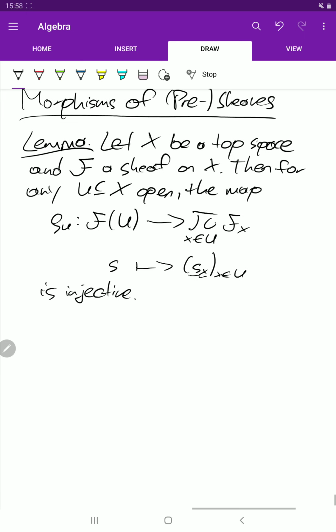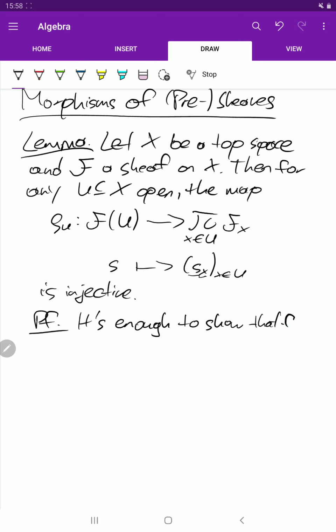Okay, so let's prove this. So I claim that it's enough to show that for s in F of U, s_x equals 0 for all x in U implies s equals 0.